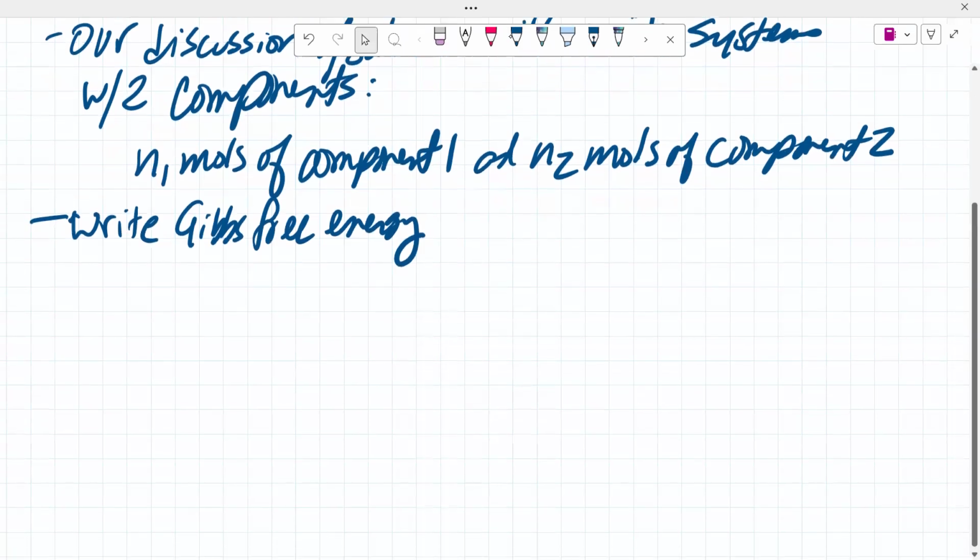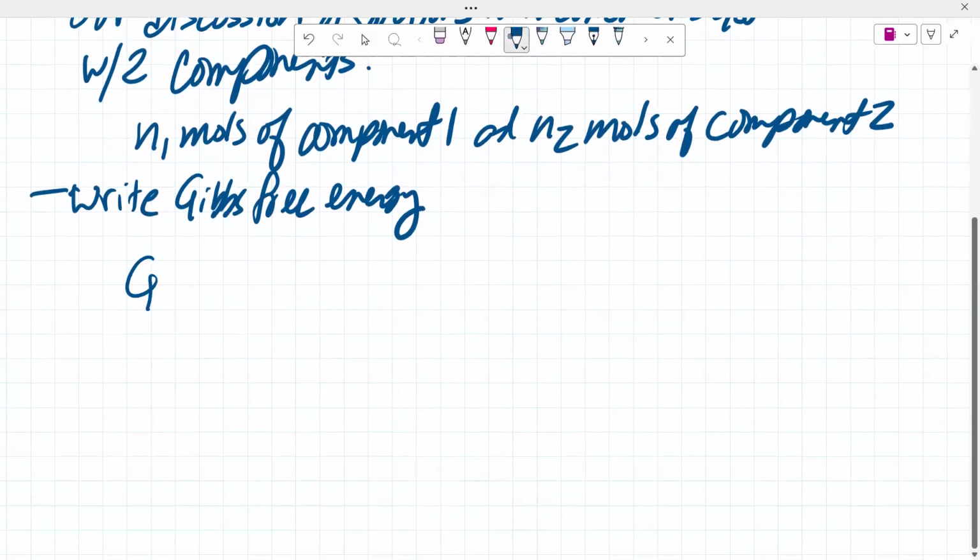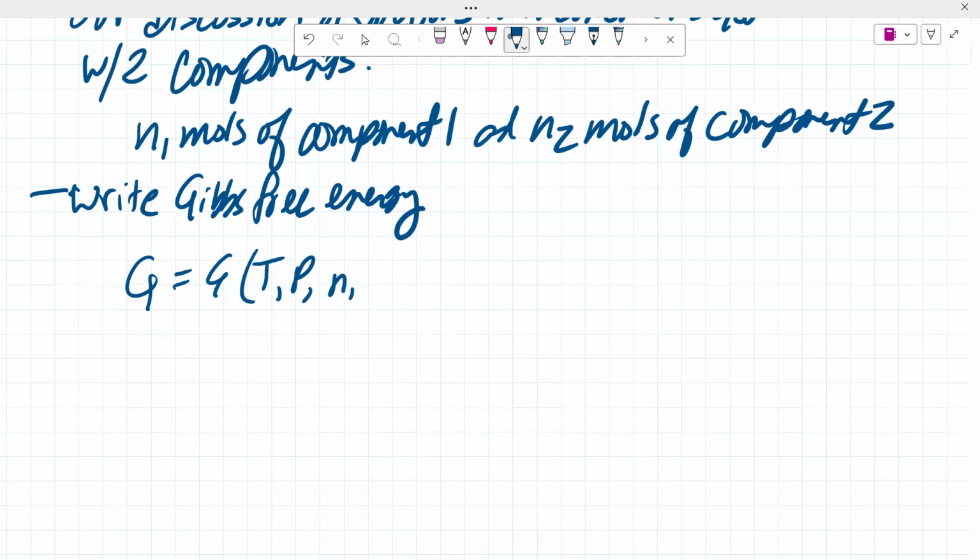So this means that the Gibbs free energy is G of temperature, pressure, and the number of moles n1 and the number of moles n2. These are the numbers of moles of each of the 2 components.